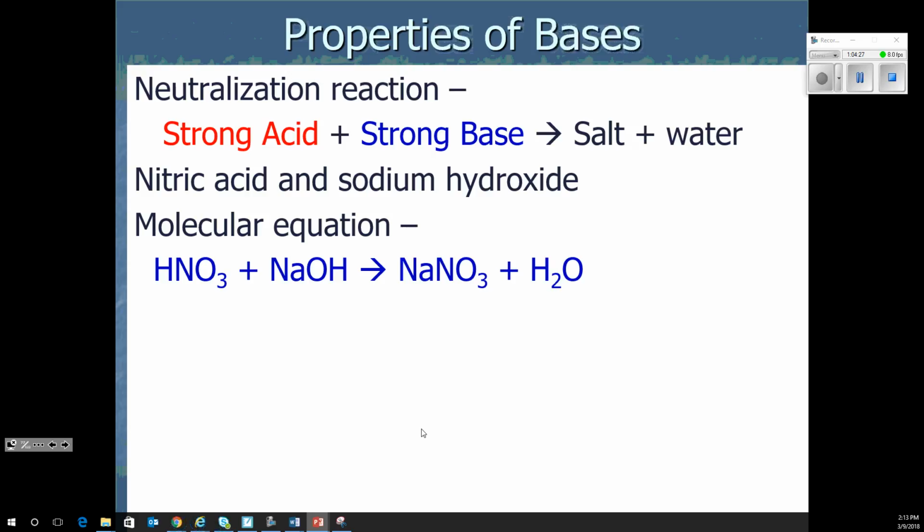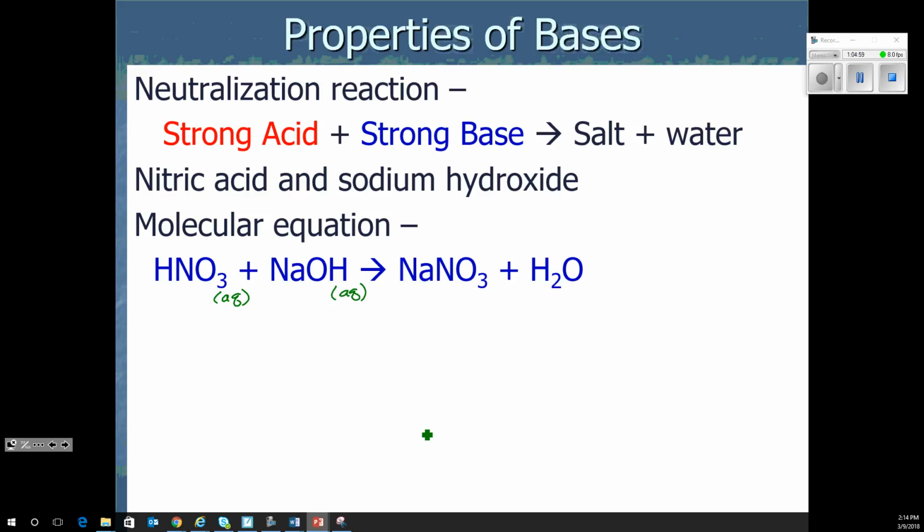Okay. So we're on to the next thing here. Write the molecular equation down. Now, looking at each of them, HNO3 is what? Strong acid, right? So what phase is it going to be in? Aqueous. Let's try that again. NaOH is what? Strong base. So it's part of the tetris, so it's going to be AQ. What about NaNO3?